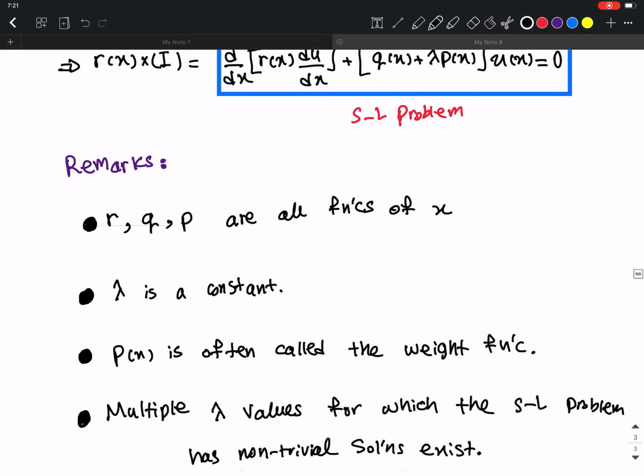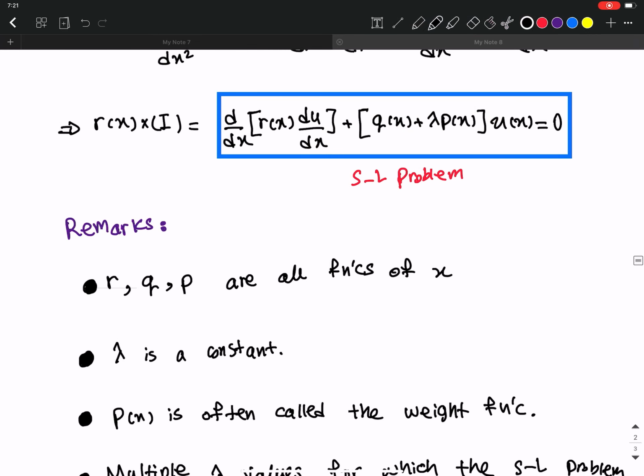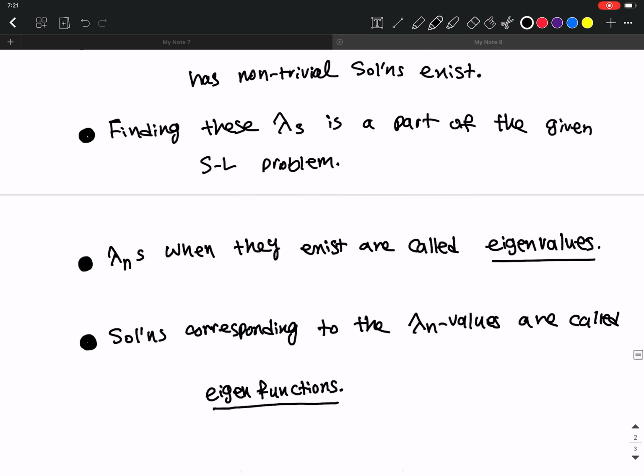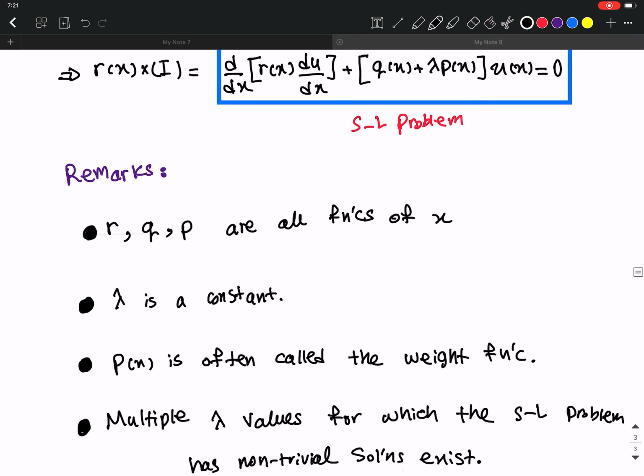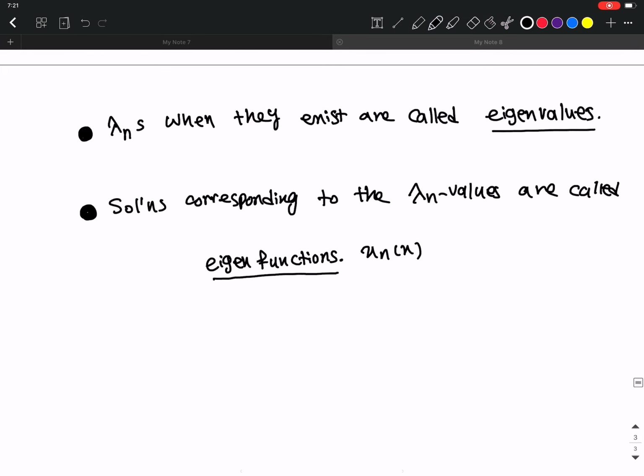So the solutions that correspond to particular lambda n's, or eigenvalues, are called eigenfunctions. For example, we can write them as u_n(x). This can be a solution for this Sturm-Liouville problem, and this is the eigenfunction.